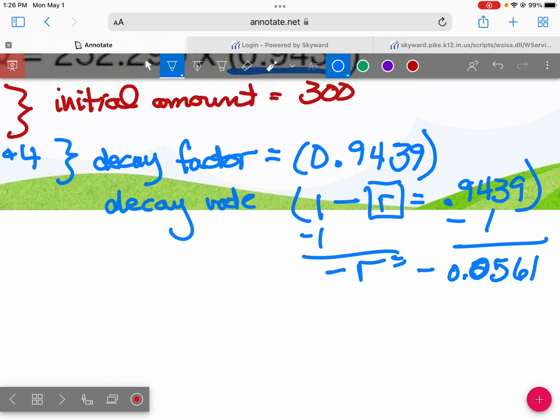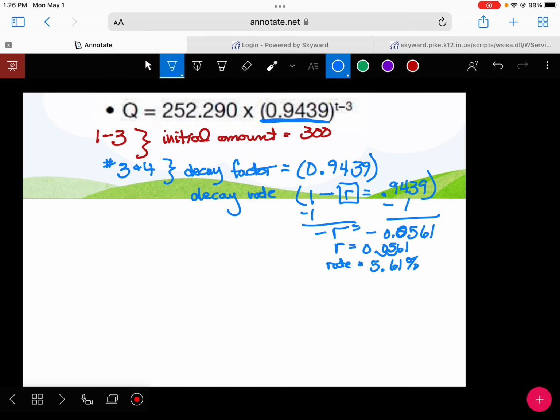So if negative R is that, positive R is going to be 0.0561. And if I change this into a percent, my rate is 5.61%. Okay.